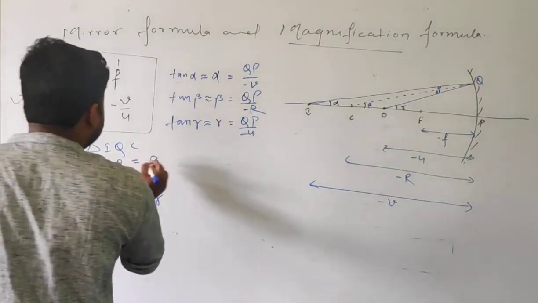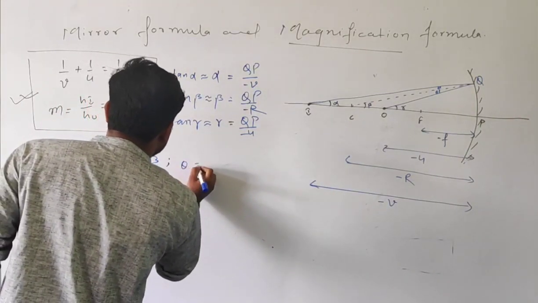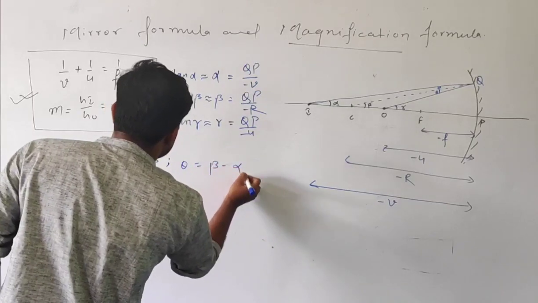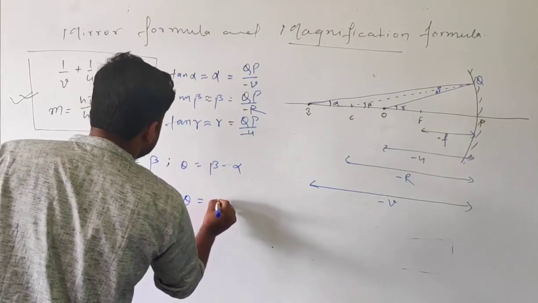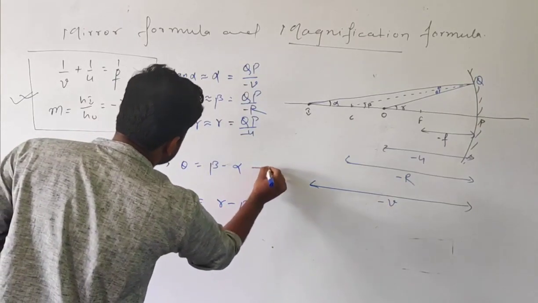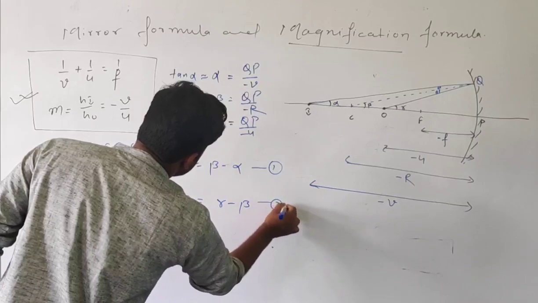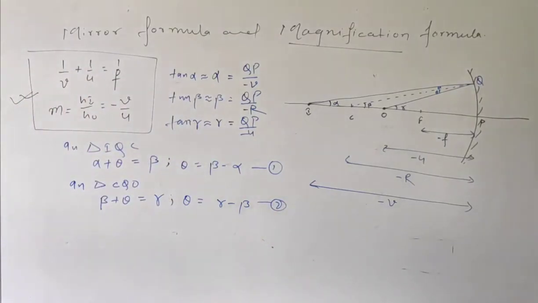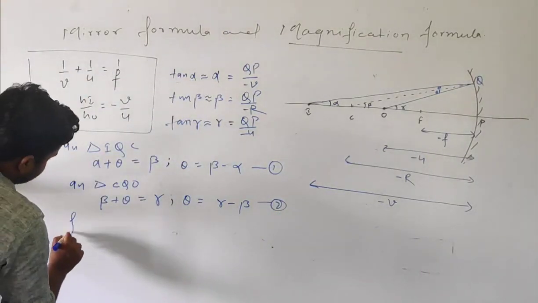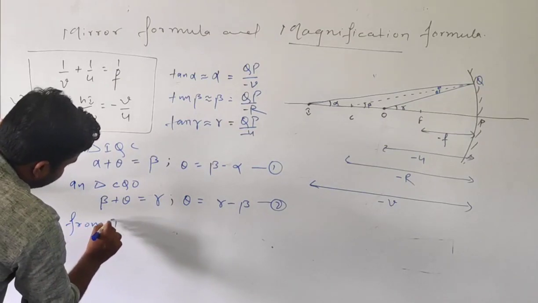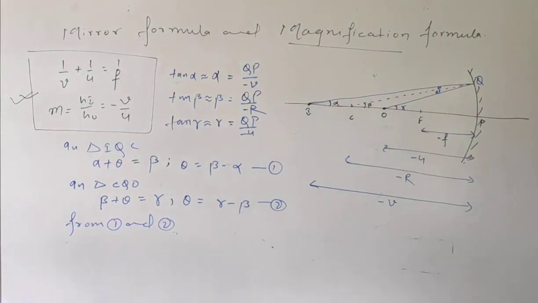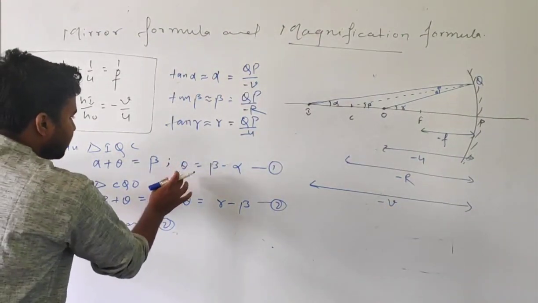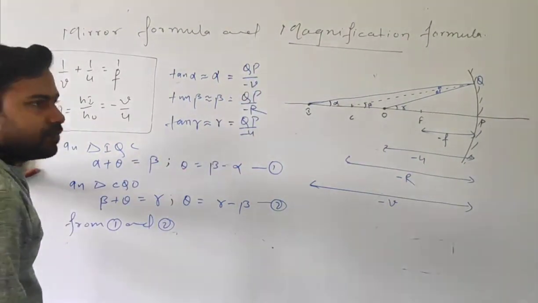Now from here we can write theta equals beta minus alpha, and theta equals gamma minus beta. I am assuming this is the first equation and this one is the second equation. From the first and second equation, this theta is the same from the law of reflection.